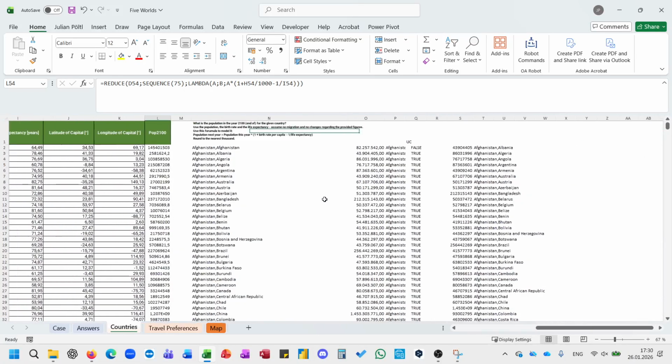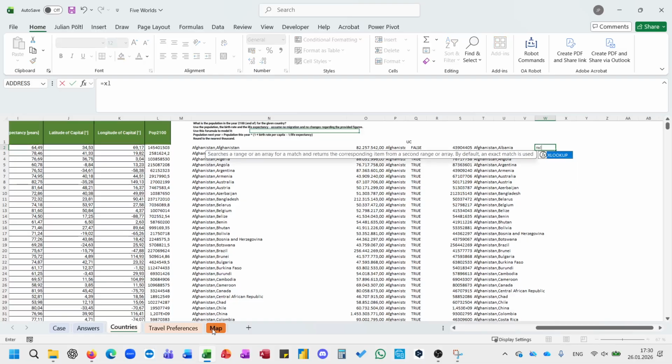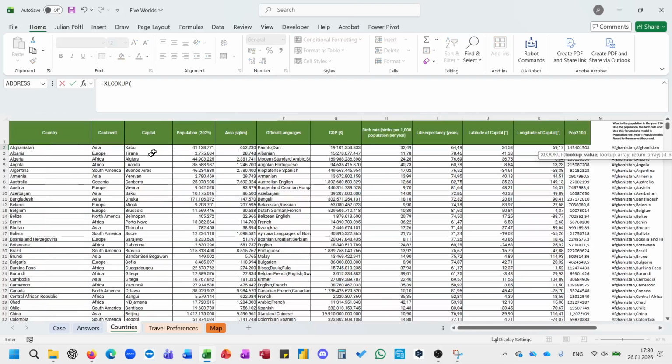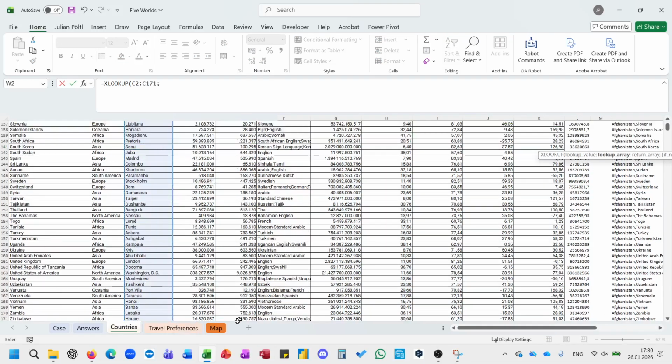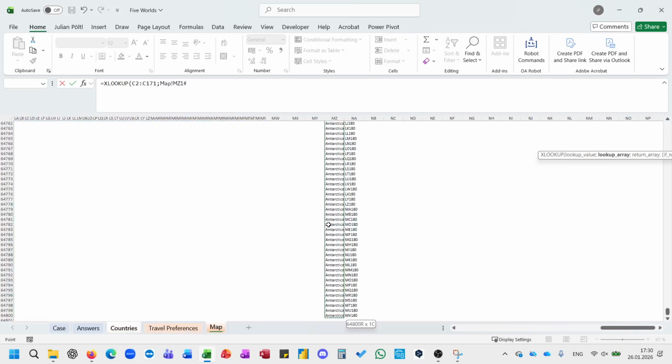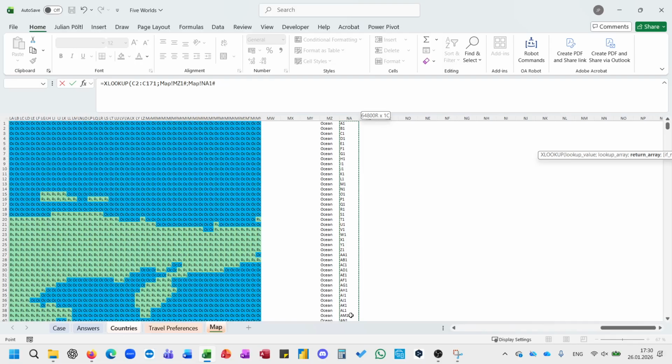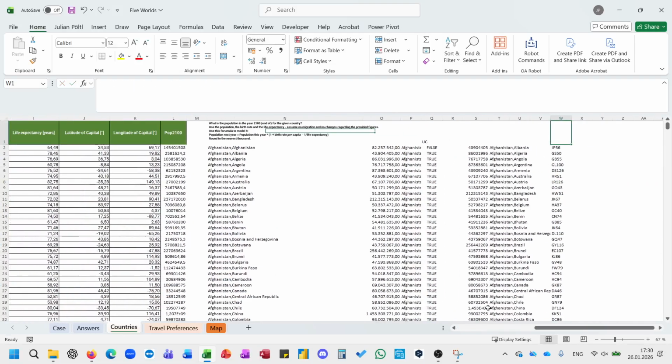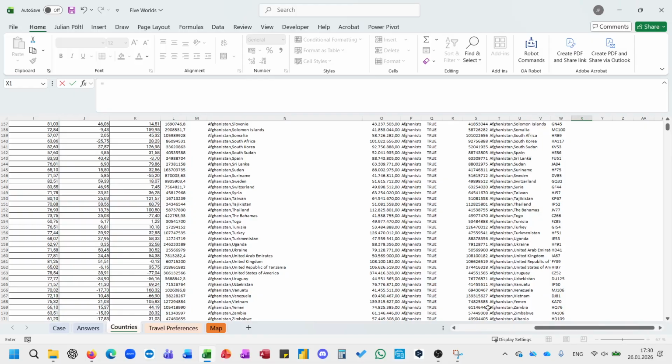I'm doing this by, not enough space here, doing an XLOOKUP for all capitals in our flat map, returning the cell reference, CR capital, and then this 2 row.